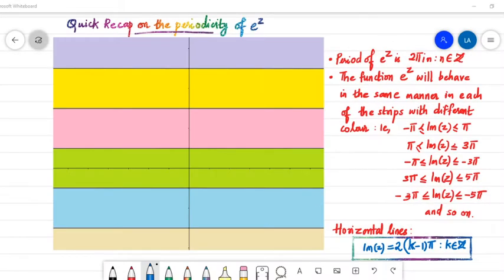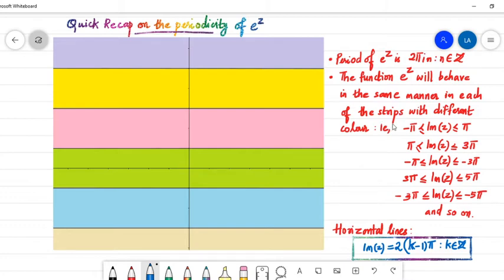Hello students. In this session, first of all, let's take a quick recap on the periodicity of e raised to z. We had seen in the previous session that the period of e raised to z is 2 pi i n, where n belongs to the set of integers, and the function e raised to z behaves in the same manner in horizontal strips of length 2 pi.